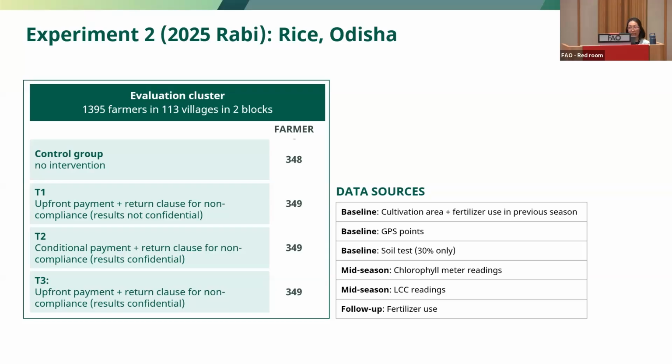This is to test whether perceived social pressure or social image concerns added to compliance beyond financial incentives. Second, we varied whether farmers received cash in hand or a promissory note for the bank account, to test whether having something tangible to lose would matter here. That's kind of classic loss aversion.